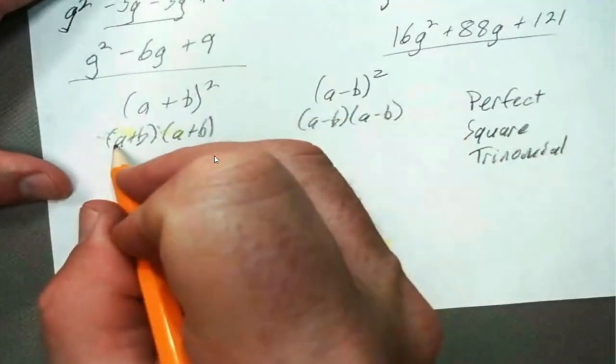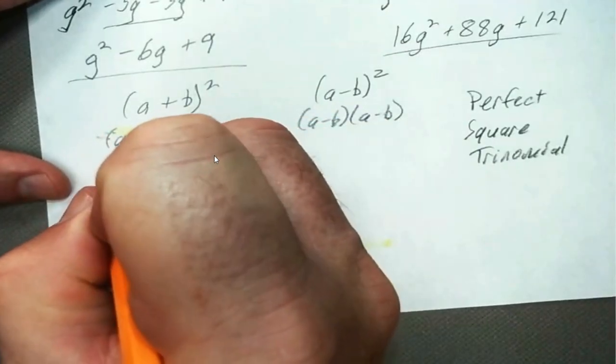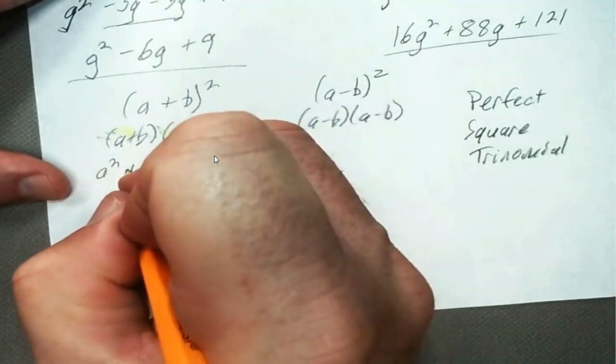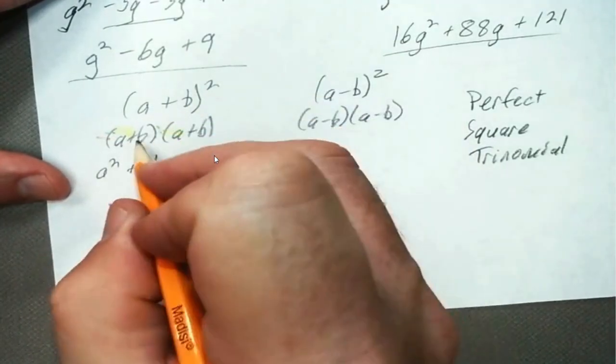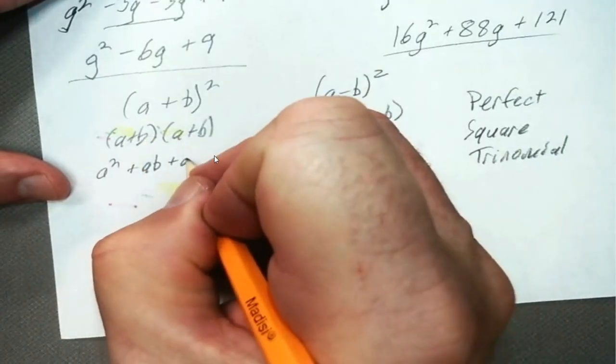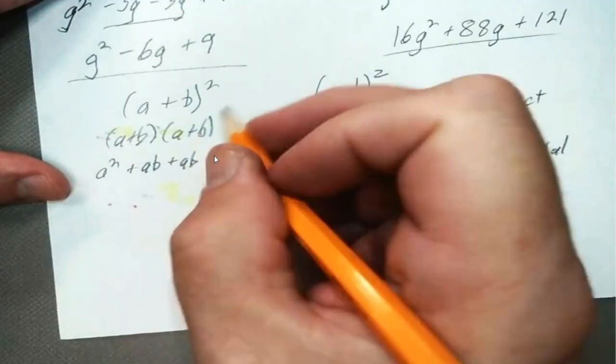So let's go back to this. A times A is A squared. A times B is AB. B times A is also AB. And B times B is B squared.